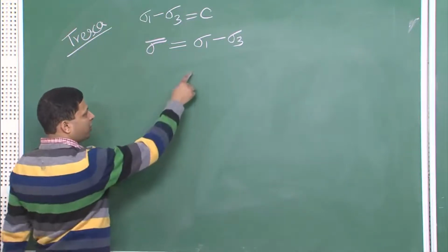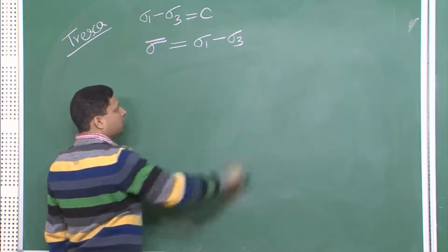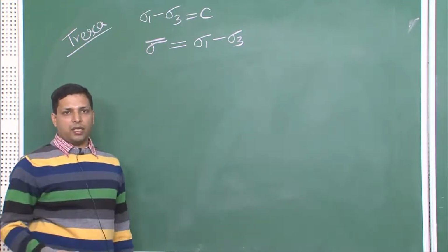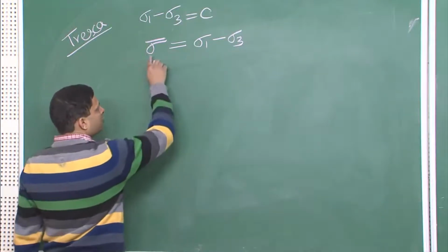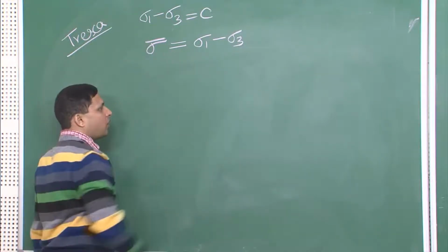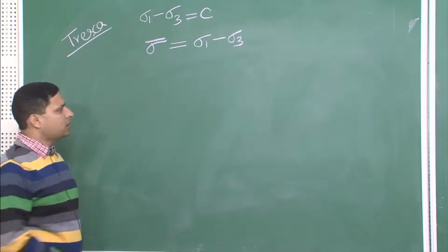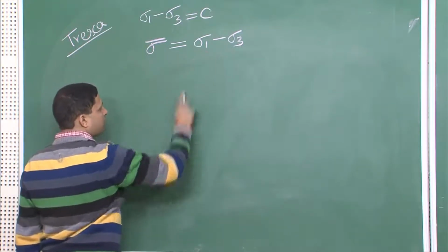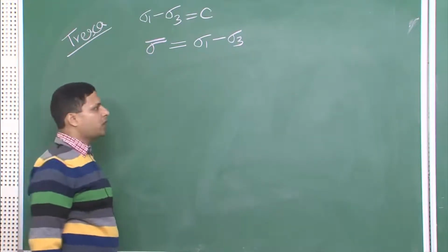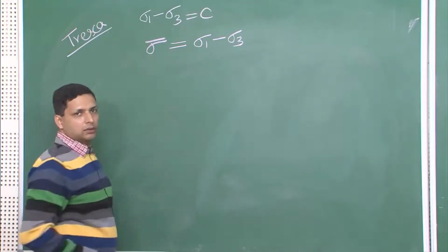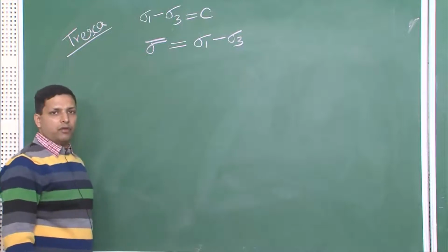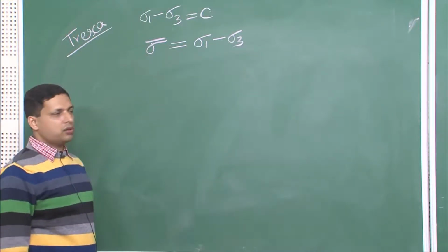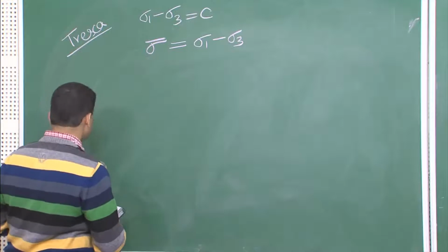And in this particular case we have already said that it is only the difference between the two which influences the plastic behavior. So, this term sigma 1 minus sigma 3, which has a unit of stress, can also be defined as the effective stress. So, this is a definition when we are assuming the material follows the Tresca criterion.